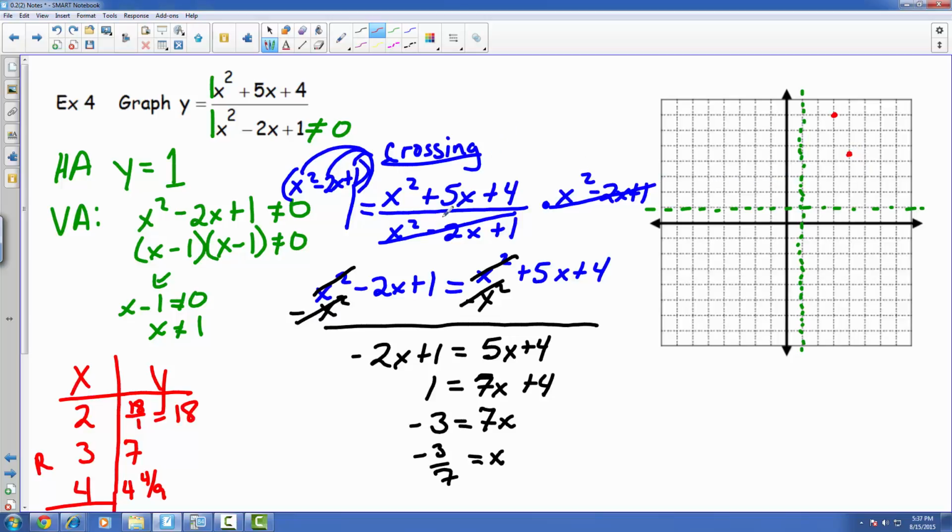At 0, we said we had 4. At -1, it came out to be 0.